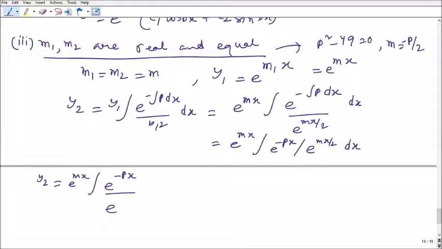Oh sorry, this is y1 square, this should be e to the power 2mx.